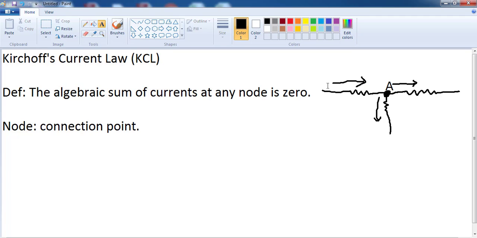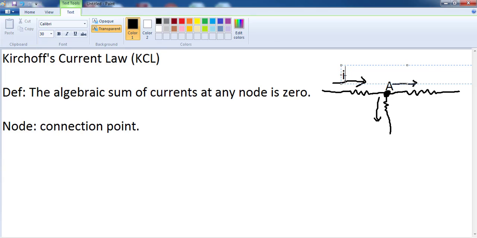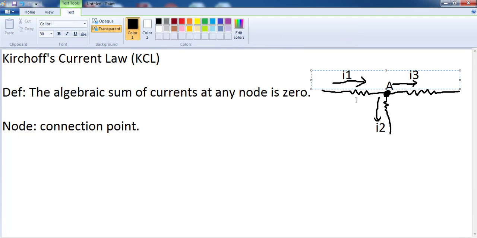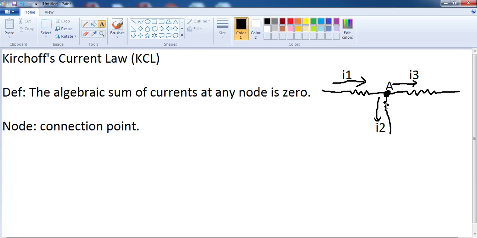Next thing is we're calculating current now, right? So let's give a current here, I1. And this one, let's say this is I3, and this one is I2. These all three are currents. If current is coming into the node, we call it a negative current.